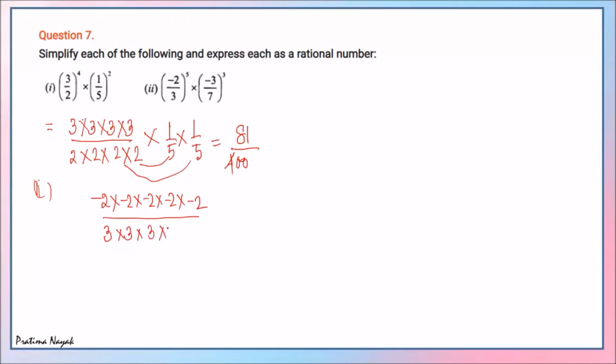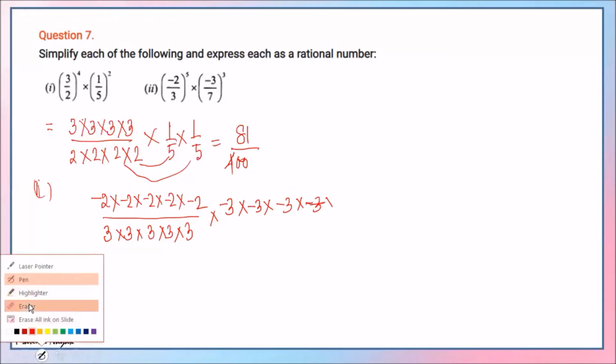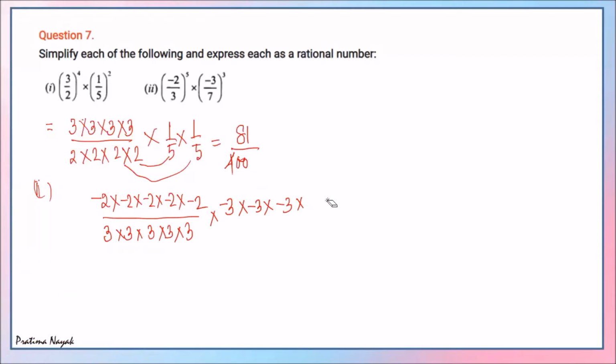I hope you are writing in the copy and checking whether you have done it correctly, or whether I have done it correctly, or both are correct. How many times? It will be only 3 times, so it is not 5 times. It will be only 3 times to the power 3, then I'll go for 7 also 3 times.